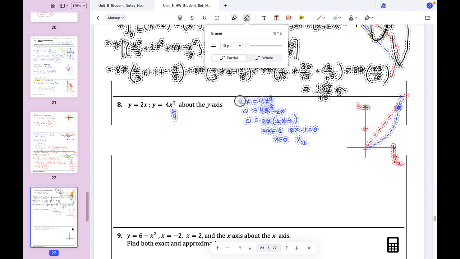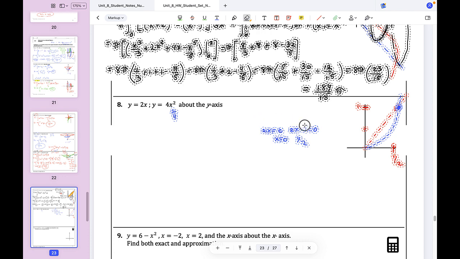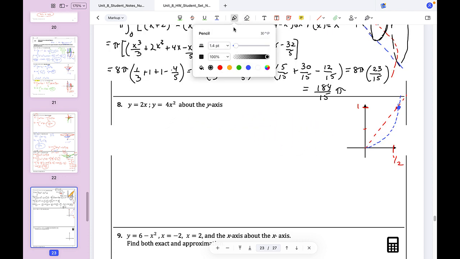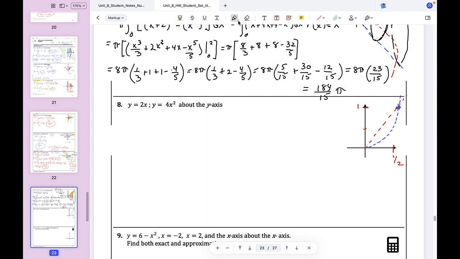Okay, so let me just erase this to make some space. Okay, so let's see. We need to rewrite these because we're rotating around the y-axis. Oh, that's really bad.